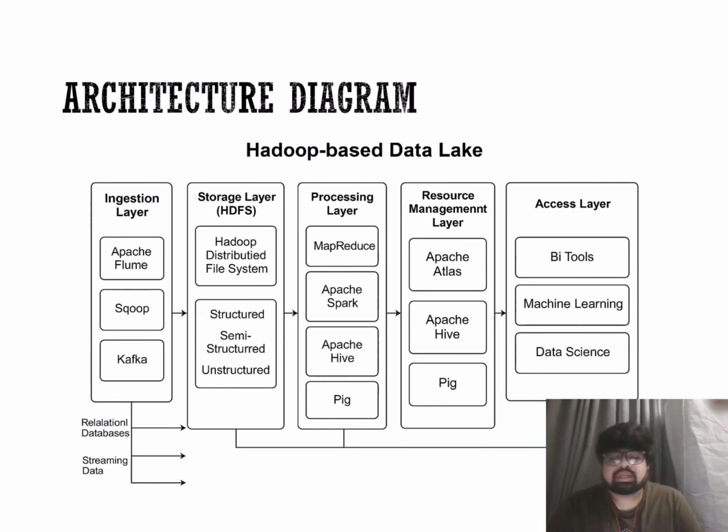Atlas and Ranger cut across the system to ensure data integrity, security, and traceability. This diagram reflects the end-to-end pipeline from raw data to usable insights within an enterprise data lake powered by Hadoop.